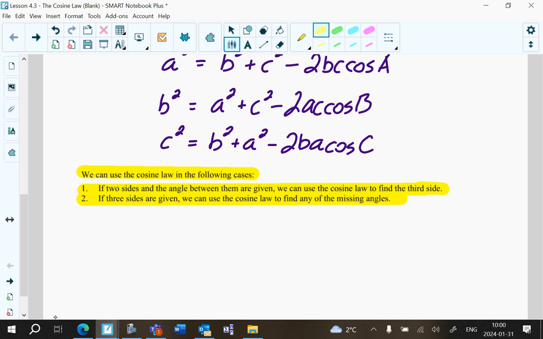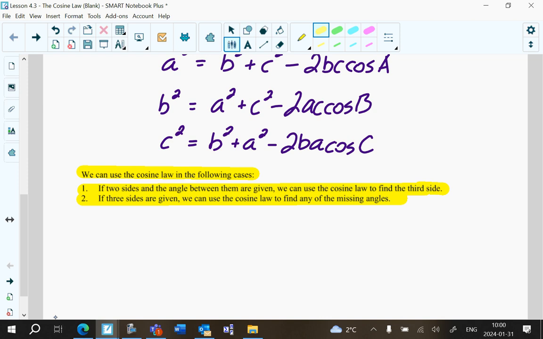We're given two sides and the angle between them, and we're asked to find the third side. You have to use cosine law. The other situation, you're given all three sides and you have to find one of the angles. So see if it's one of these first.